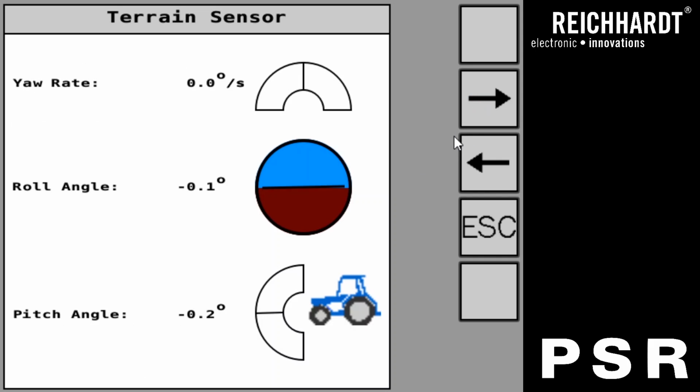The next page over is our terrain sensor. So right now here it'll show the yaw rate. If we're using an MC controller or a Reichhardt LT controller with a tilt sensor, you'll see a roll angle. And then with our MC controller, we can also offer a pitch angle. I'm going to go ahead and change this at my desk to show how it updates. So if the machine is turning left or right, I can rotate the controller to the left or to the right.